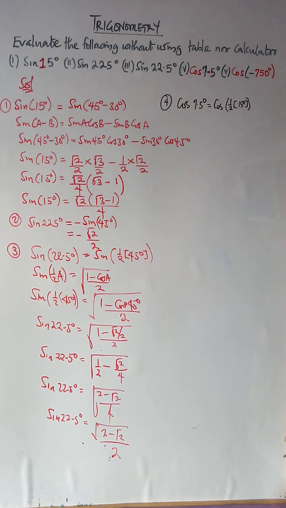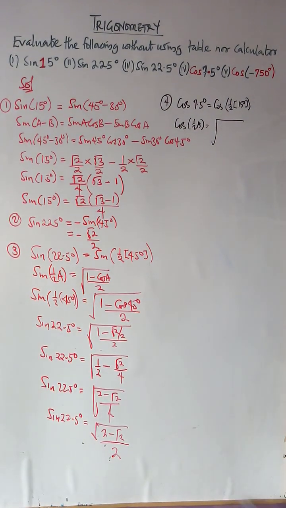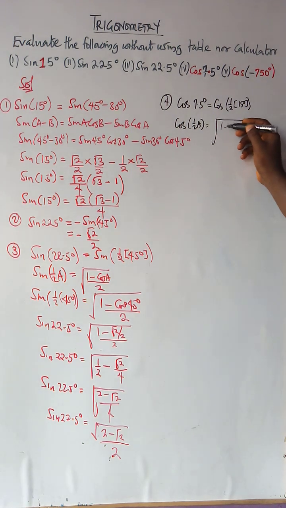So this becomes our A. So what's the formula for cos half A? Half angle for cos is the square root of, opposite to this, 1 plus cos A over 2.